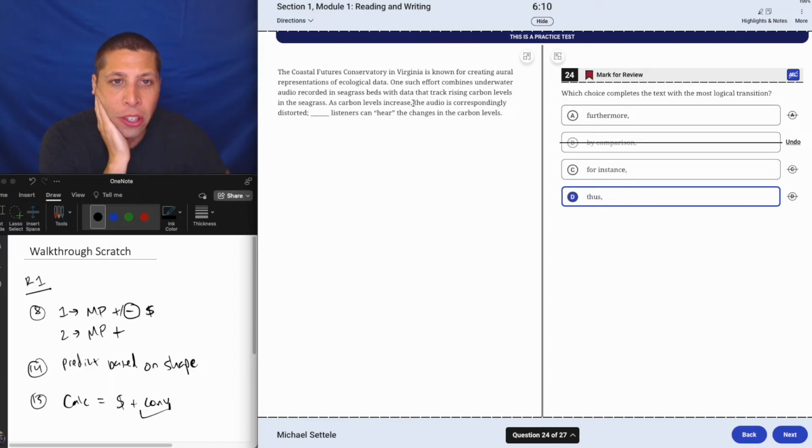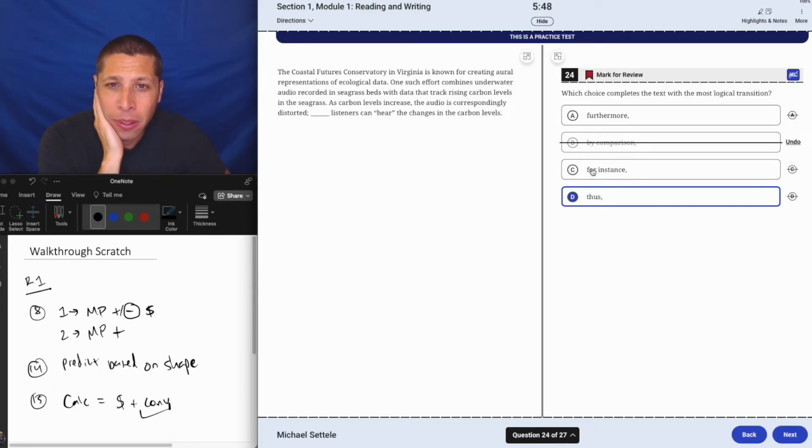I don't love this one either. As carbon levels increase, the audio is correspondingly distorted, so listeners can hear the changes in the carbon levels. So you notice how I'm saying "so," because "thus" is not a normal word that we use every day. So feels like a so. Furthermore would be "and," but again, we don't really use this kind of transition unless we've got nothing else. So feels like it fits. It's not a comparison.